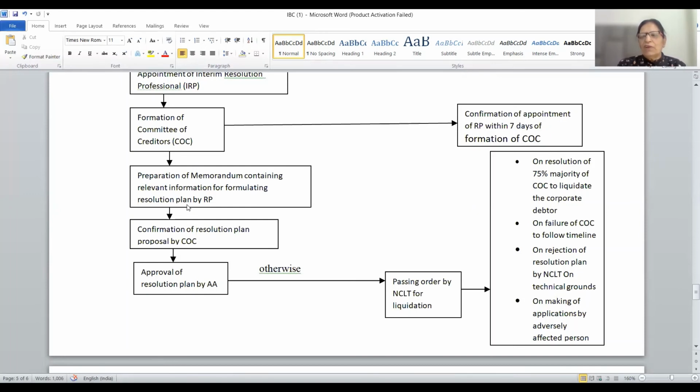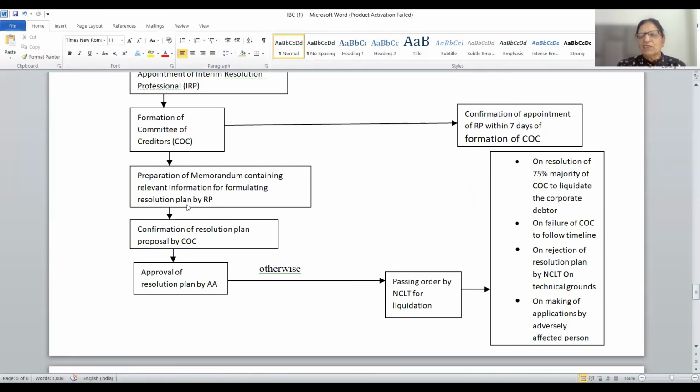Second is on the failure of COC to follow the timeline. Timeline, you all know, 180 days, which is further extended by 90 days. Third, on rejection of the resolution plan on technical grounds, that resolution plan has been rejected by NCLT.